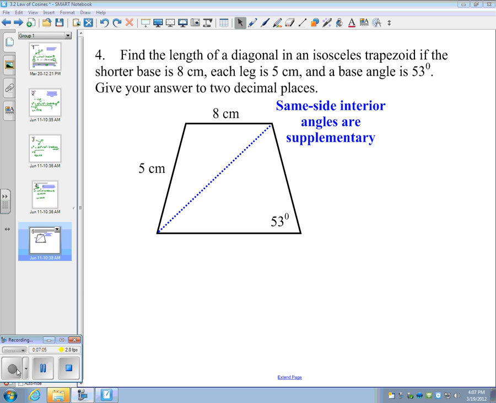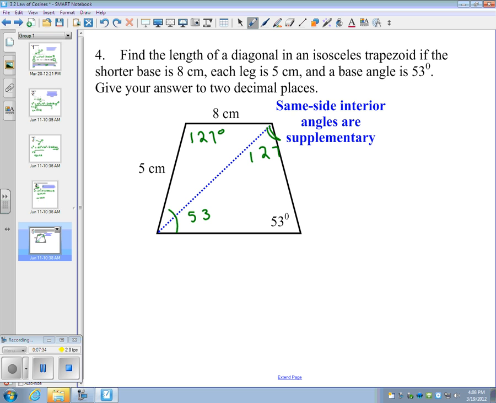This is isosceles, so that means these two angles are the same. This 53 is the same as this 53. And same side are supplementary, so 53 plus this angle add up to 180. That makes that angle 127. And again, because it was isosceles, this is also 127. So that was a missing piece of information there.